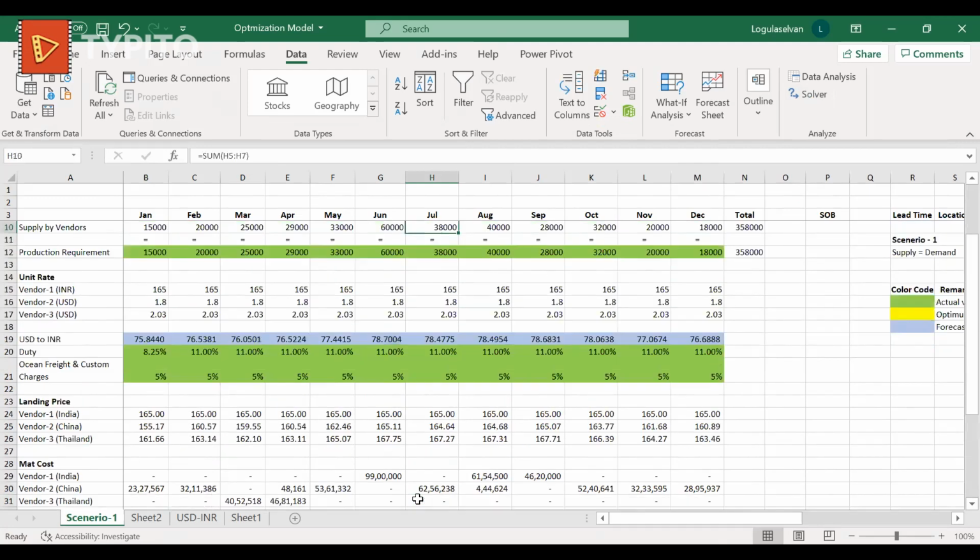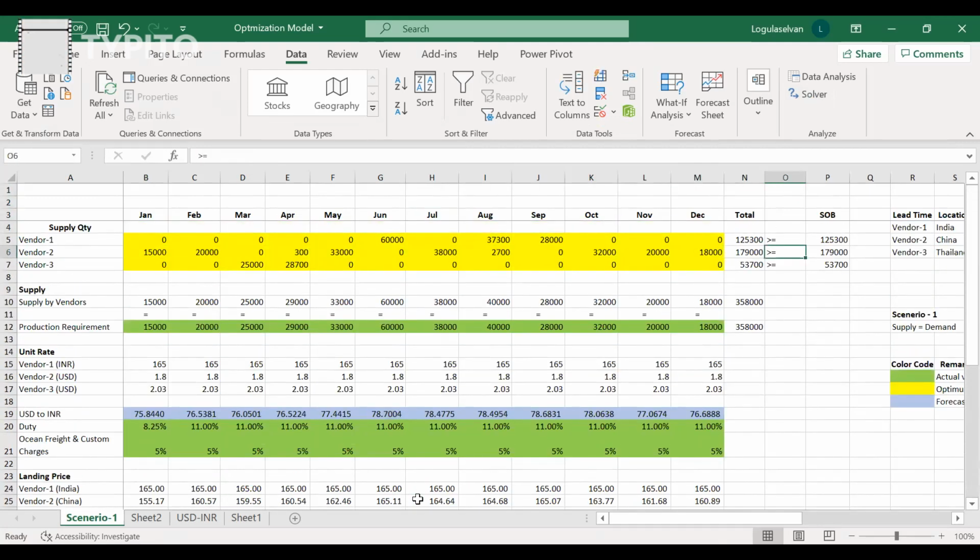So likewise, the procurement manager can make use of this tool by changing the share of business or by changing the unit rate. He can ascertain how much benefit he gets if he makes a certain change in a particular value. Likewise, the procurement manager can decide which vendor he has to commit the business to, how much he wants to commit, and at what price he can procure the material, so that he can make more savings.